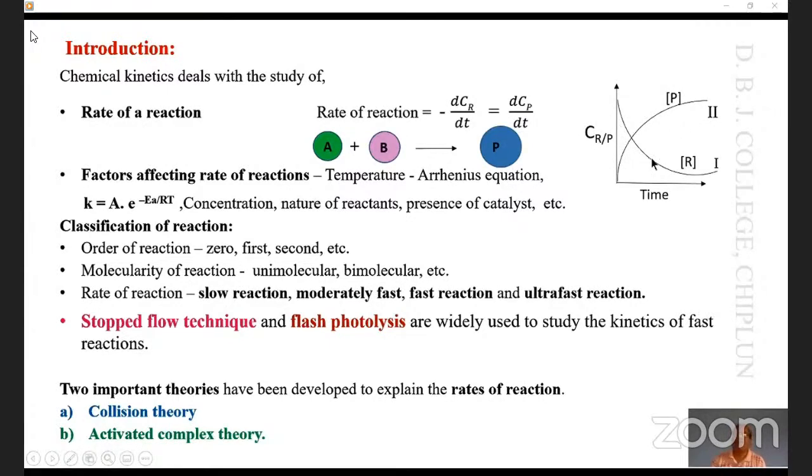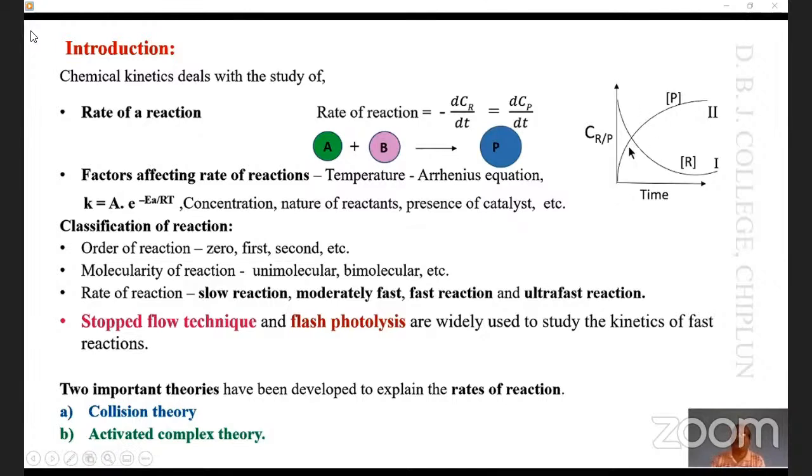Any point on this first curve represents the change in concentration of a reactant after a definite time interval from the initiation of a reaction. Similarly, any point on this second curve represents the change in concentration of a product after a definite time interval from the initiation of a reaction.